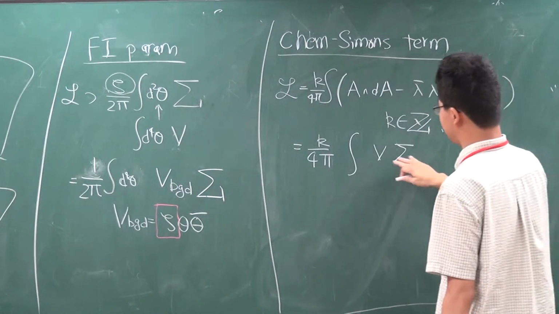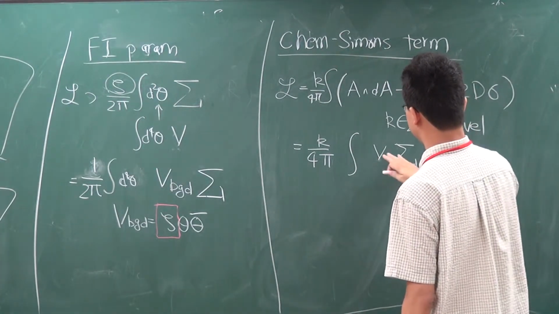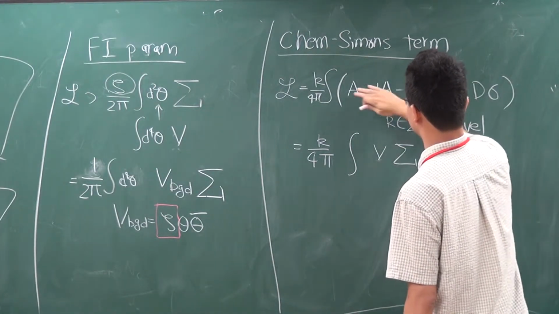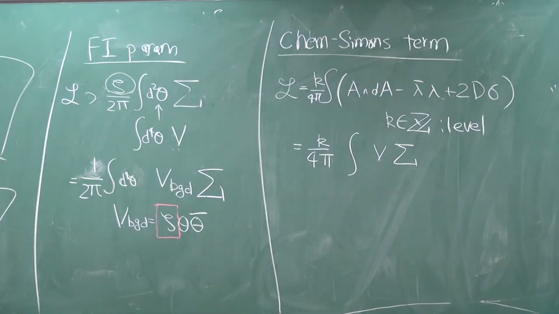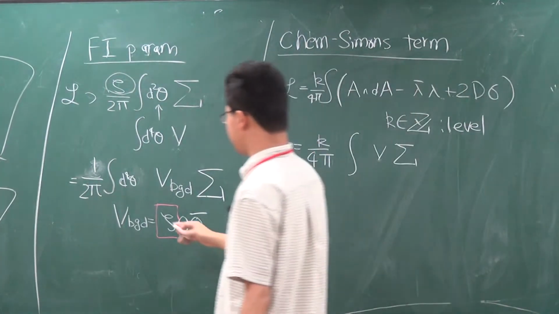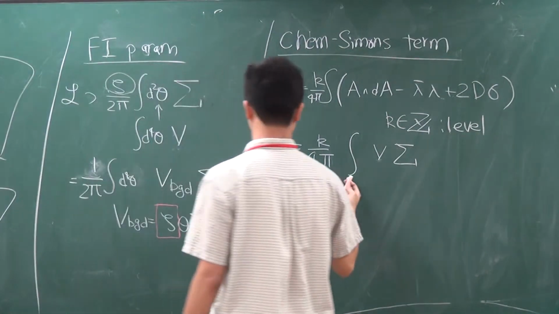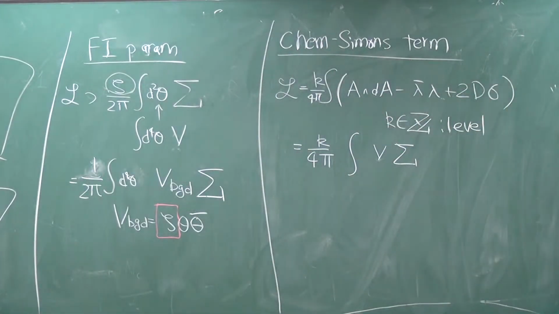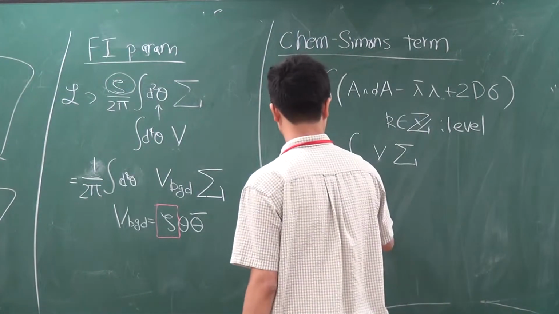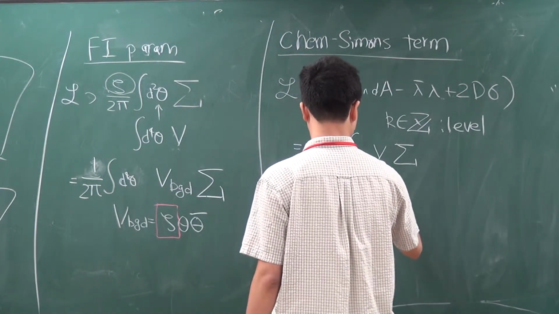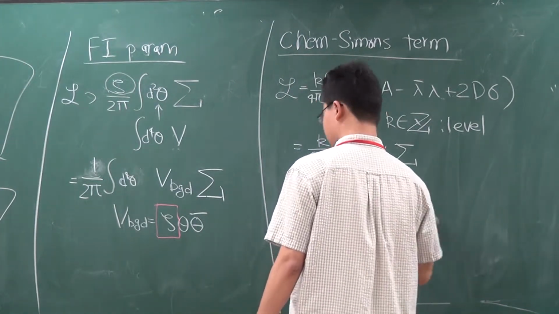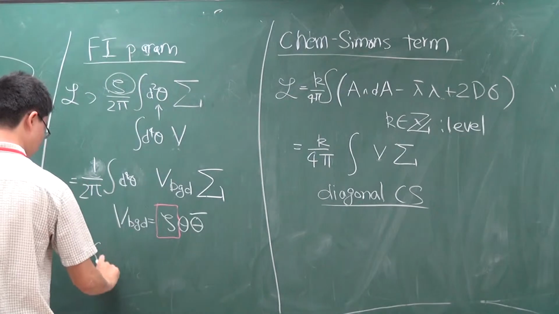Where in this case, D and sigma are in the linear multiplet and the vector multiplet for this. So this is actually very similar to what we have here. And this is called diagonal Chern-Simons, and this is called off-diagonal Chern-Simons.